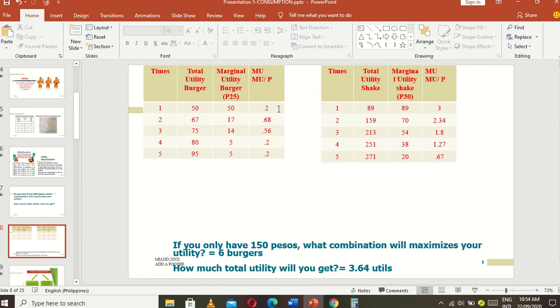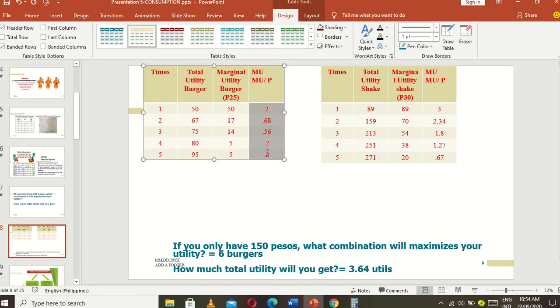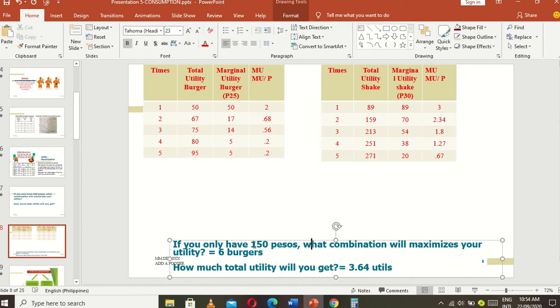So this is your total maximization in terms of the burger, and this one is for the shake. Now the question is, we're going to revise the question. If you have 300 pesos, what combination will maximize your utility? So let's go back to the table. Let's rank this one. Sino yung pinakamalaki?